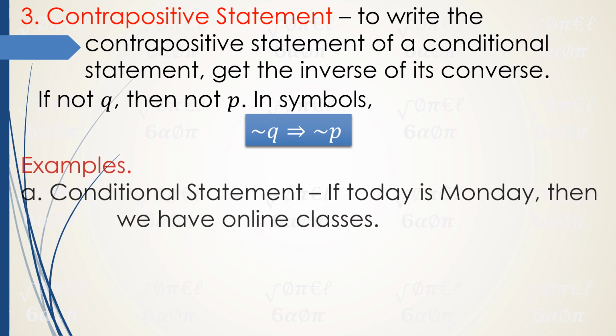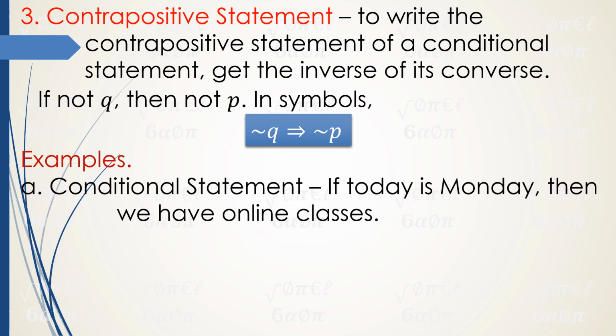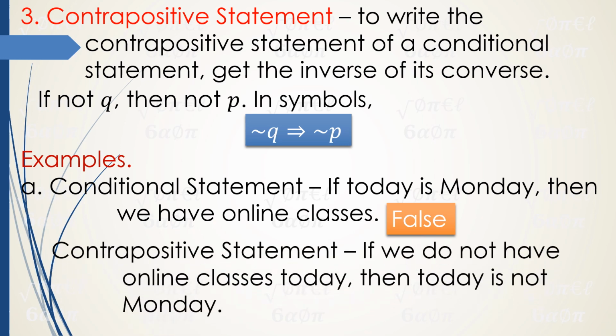Okay, examples. Conditional statement, again, if today is Monday, then we have online classes, and that's a false statement. For our contrapositive statement, so magbabaligtad, so ang mauuna ay itong we have online classes, pero lalagyan pa natin ng not.